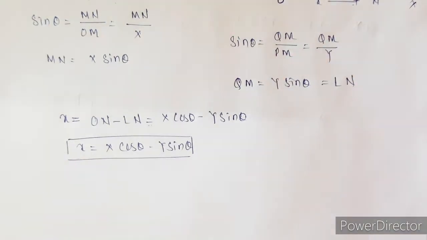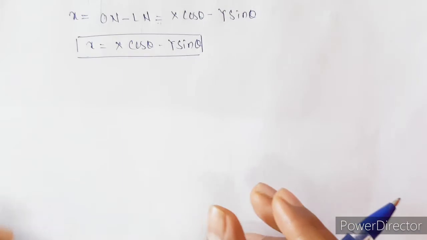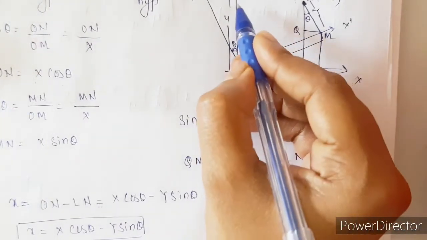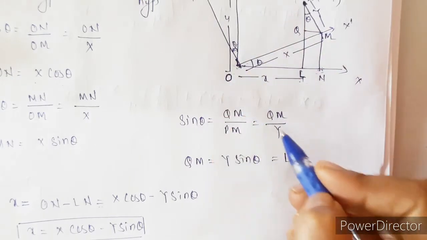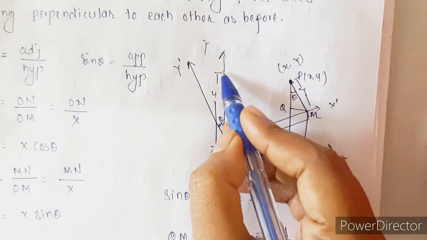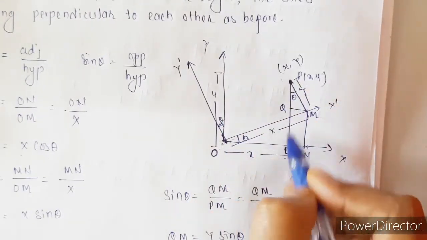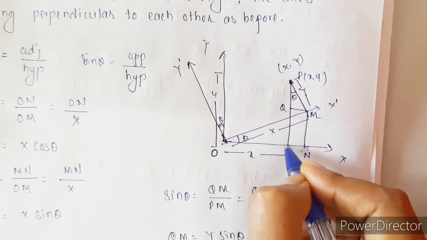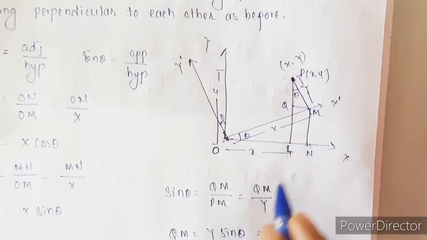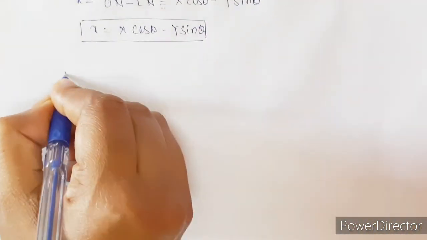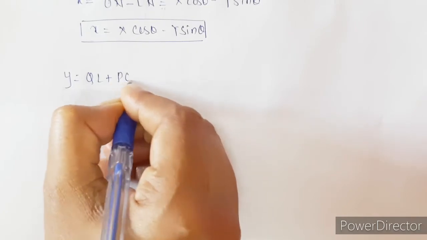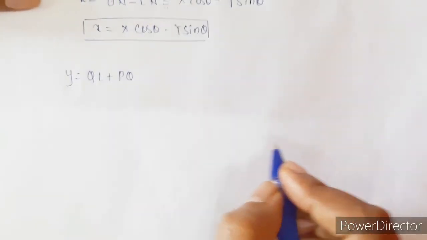And similarly, we have to find the value of y also. Now what is y? Small y is this distance, right over here. And since this is parallel to this, we can write y as MN or QL plus QP. So we can write y as QL plus PQ, right?